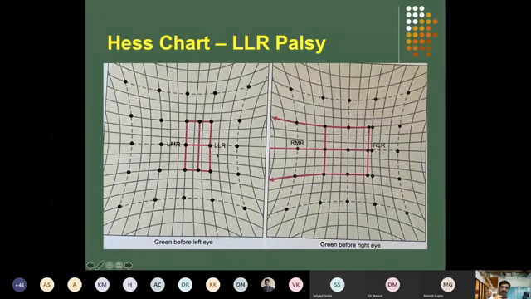We don't use the word restricted whenever we are describing a squint. Limitation of movement. Restriction we can use only after force duction test. So before force duction test, what we have to write is limitation. So left lateral rectus limitation is there, and at the same time the right medial rectus is overacting. That is denoted by these long arrows on the Hess chart.